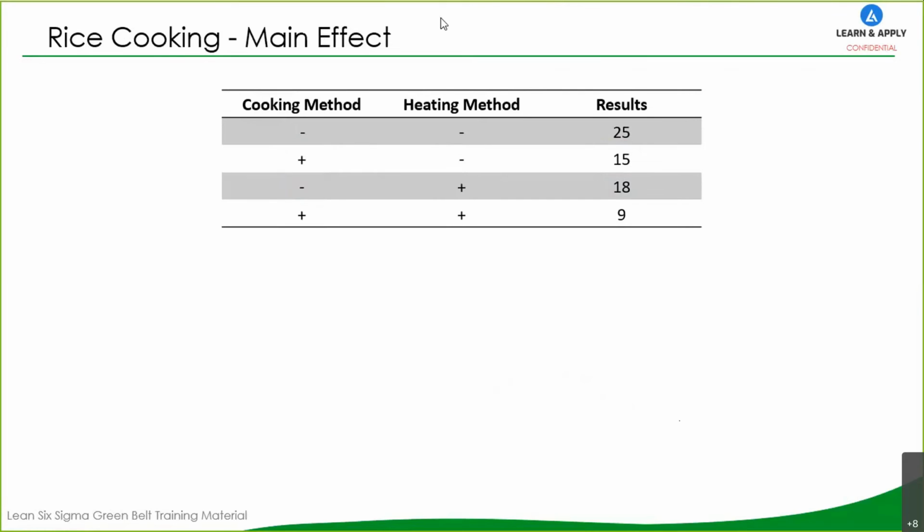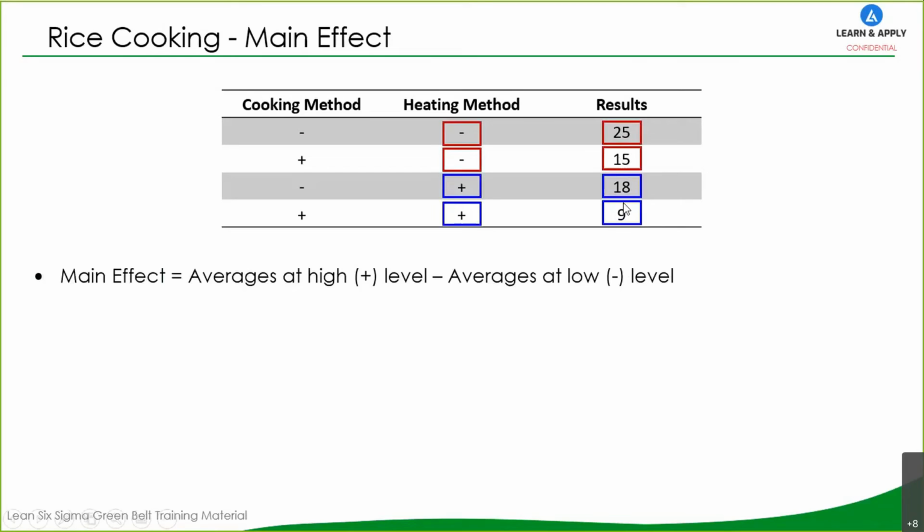Heating method. LPG 18, 9. 18 plus 9 by 2 minus 25 plus 15 by 2. Average at high means 18 plus 9 divided by 2, right?